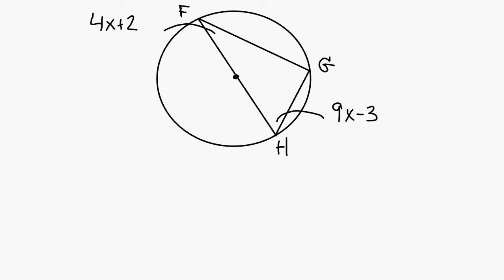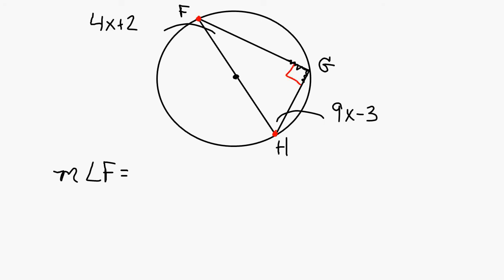The measure of angle F. When you see this picture and you see this inscribed angle, angle G, that ends at point H and ends at F, it intercepts the diameter, so it is a right triangle.